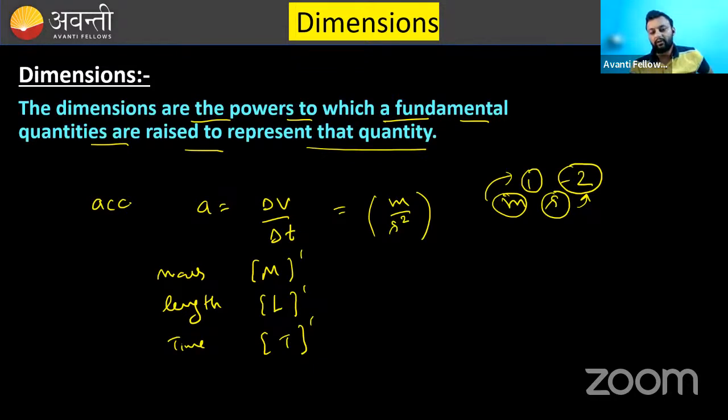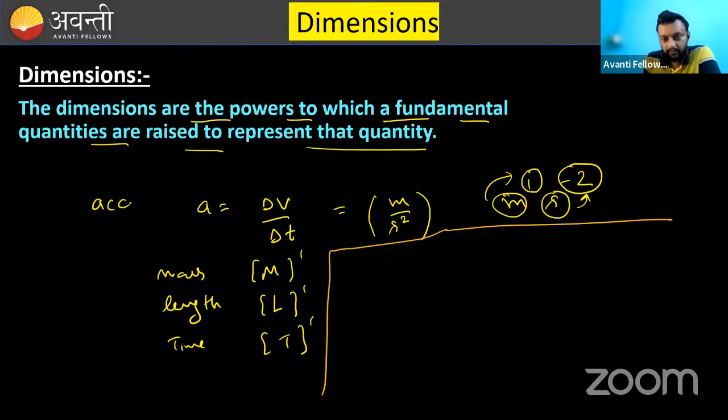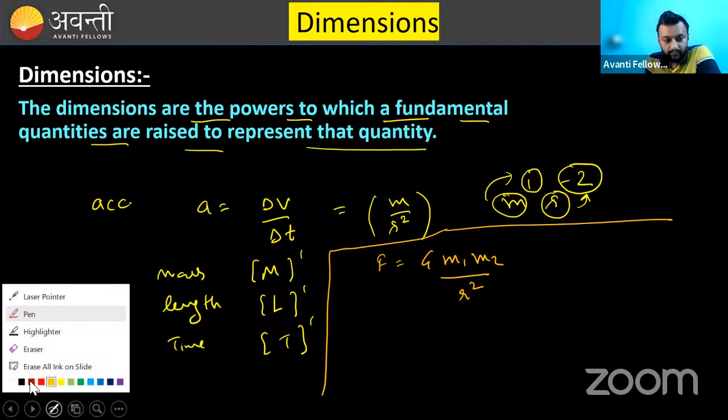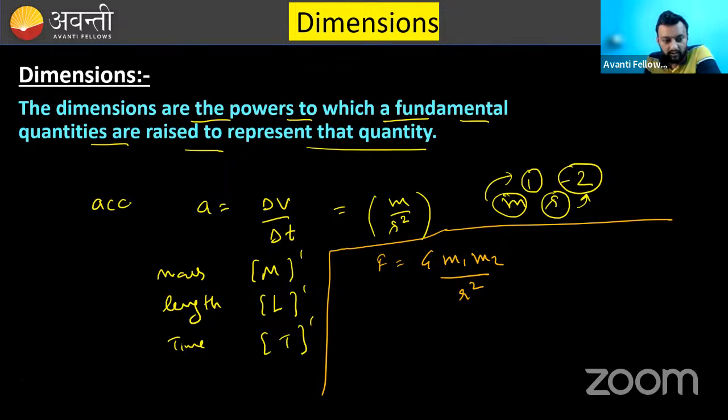If you know how to find it, only then I will move further. For example, you know the relation F is equal to G M1 M2 over R square. I am asking you to find the dimension of this capital G. Let me check if you are aware of this or not.